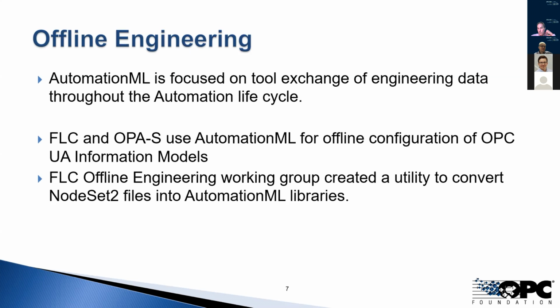So what we've done is we've created a utility that will convert node set files from OPC UA into AutomationML libraries so that the features of OPC UA can be modeled in an offline tool.